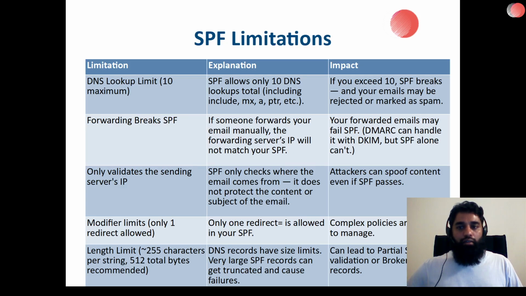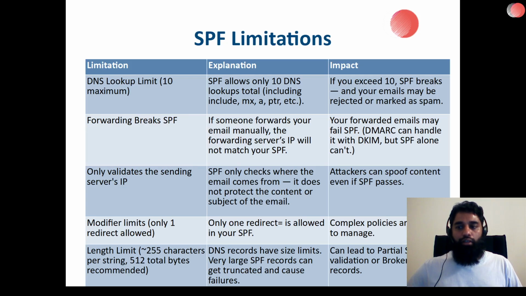Manual forwarding doesn't break SPF because you are sending a new email. Automatic server-side forwarding breaks SPF because the server relays the original message without being authorized by the original domain. Third, SPF only validates the sending server's IP address, not the actual content or subject of the email.